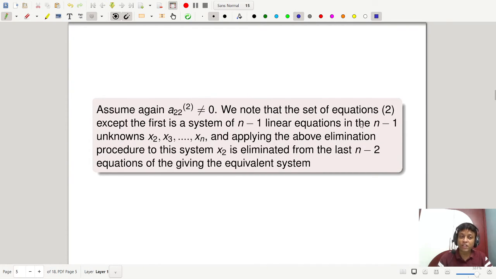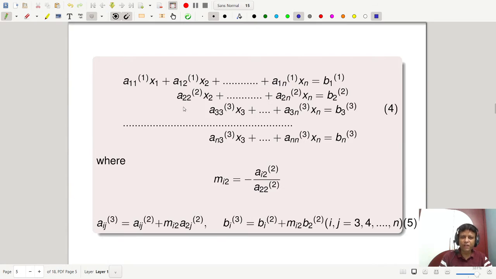We note that the set of equations 2 except the first is a system of n minus 1 linear equations in the n minus 1 unknowns x2, x3, xn, and applying the above elimination procedure to this system, x2 is eliminated from the last n minus 2 equations of the given system, giving the equivalent system.